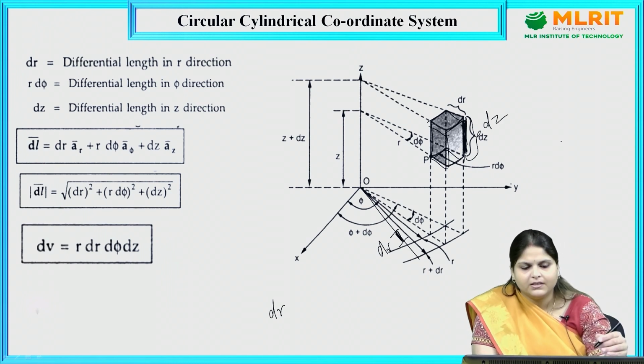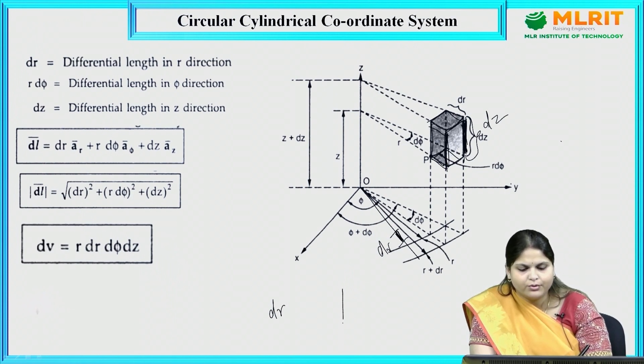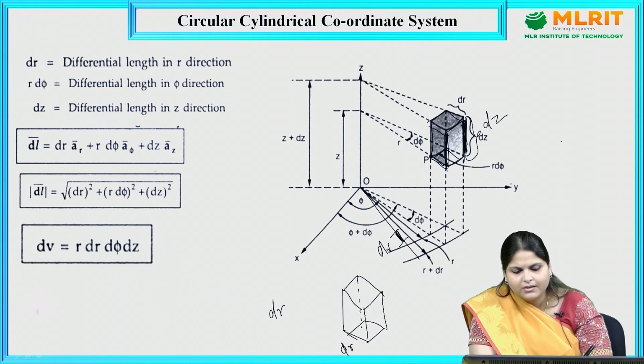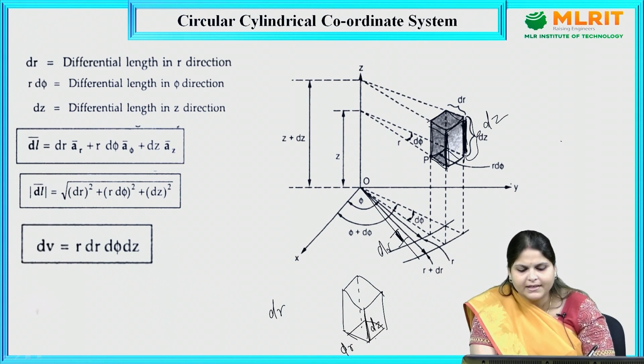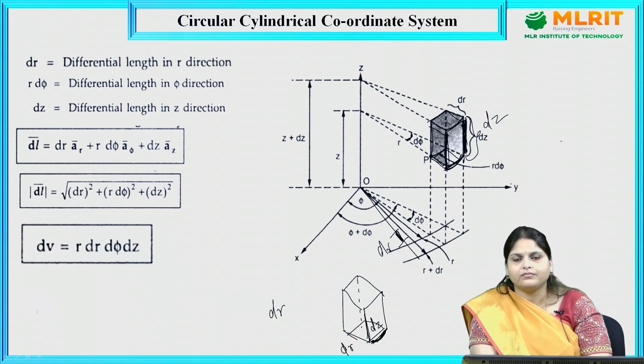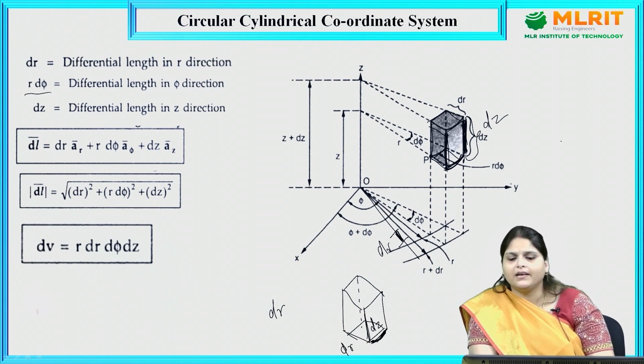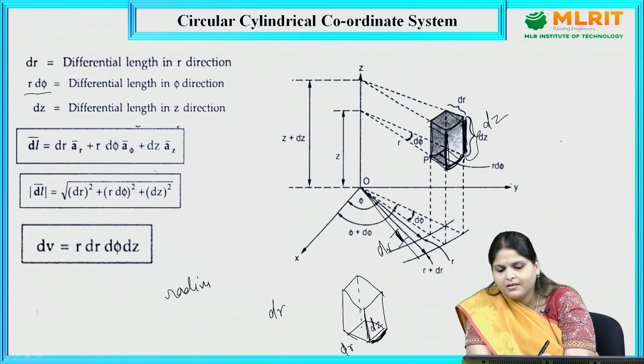What else do we need? We have got dr, we have got dz. If I try to draw it here, this is my dr, this is my dz. What else do I need? See, this is a circle, so it is not exactly a straight line, it is forming a curve. So I need this length also. How would I get this length? Here you can see we are getting R d phi. Basically R is the radius, d phi is the angle.